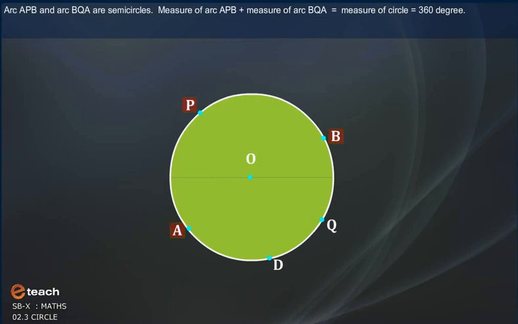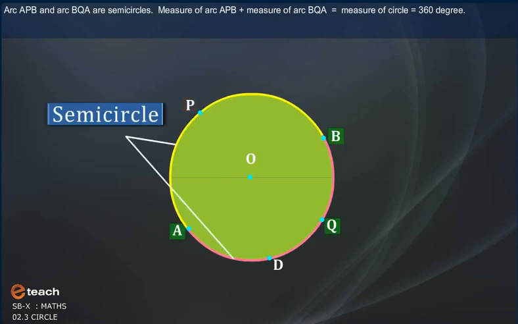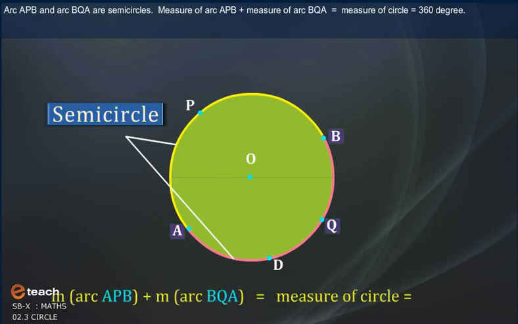Arc APB and arc BQA are semicircles. Measure of arc APB plus measure of arc BQA is equal to measure of circle is equal to 360 degrees.